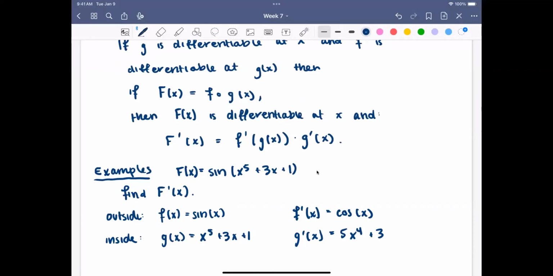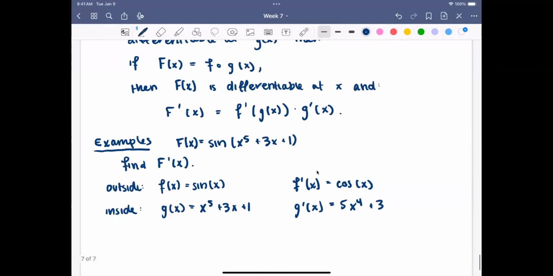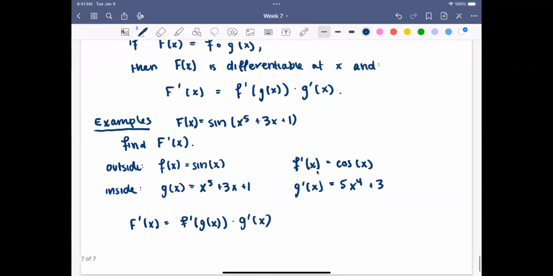Okay, are there questions about either of those two derivatives? So now I'll just plug in using the formula. So we know that F prime of x is equal to f prime of g of x times g prime of x. So my f prime is cosine x, and then I need to plug g of x into that.